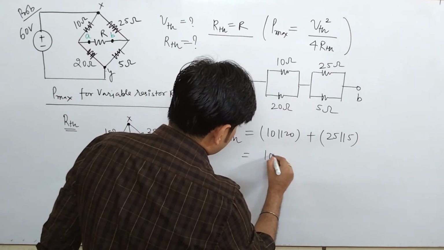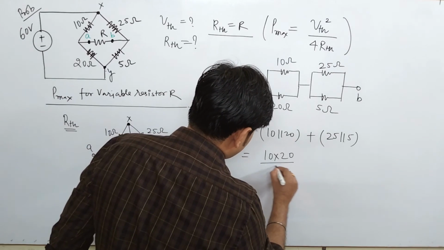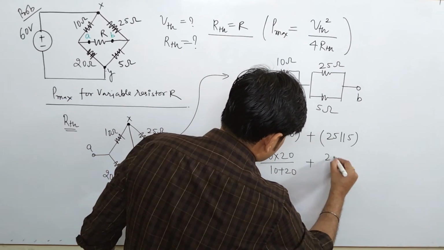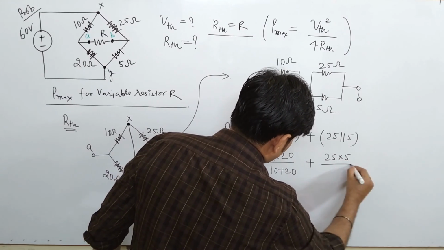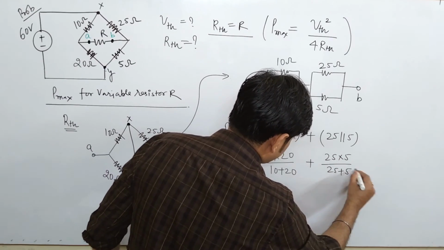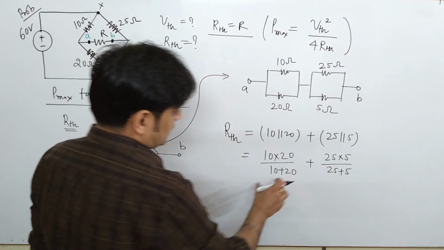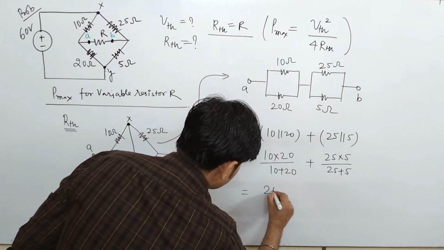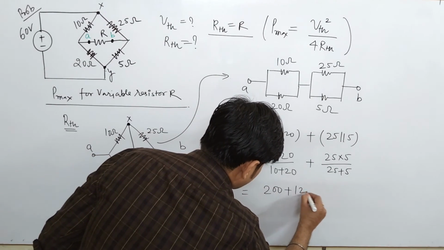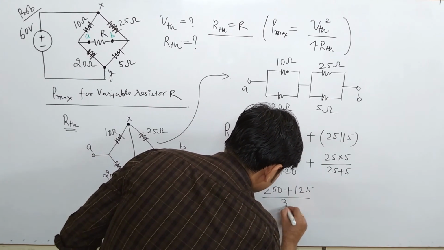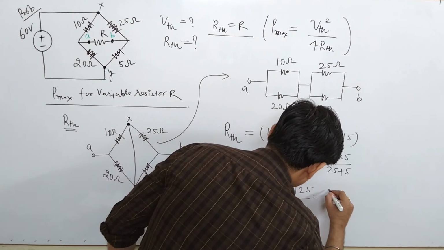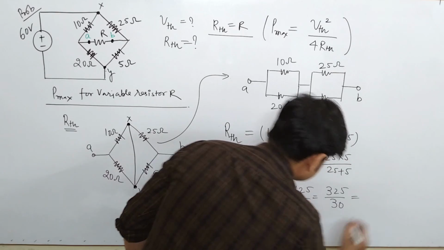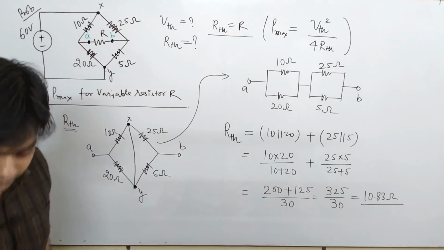So that comes to be 10 into 20 divided by 10 plus 20, plus 25 into 5 upon 25 plus 5. So this is also 30, this is also 30, so that comes to be 200 plus 125 divided by 30, or you can say 325 divided by 30. How much is it? This is the value of RTH.